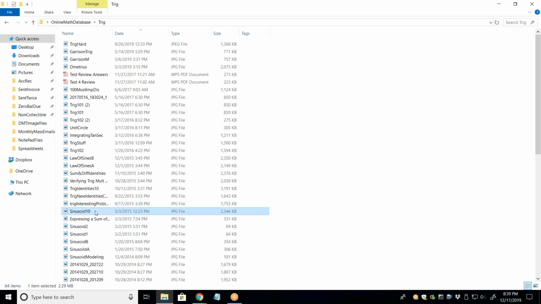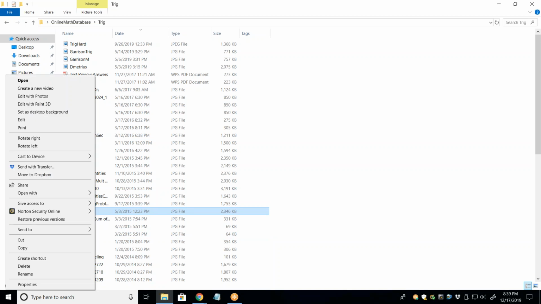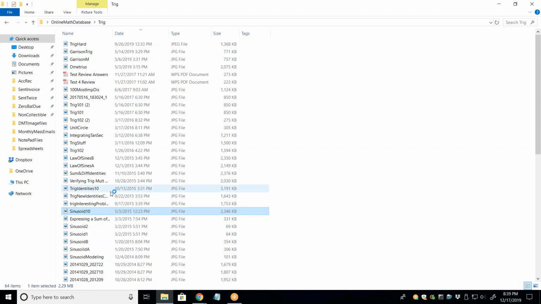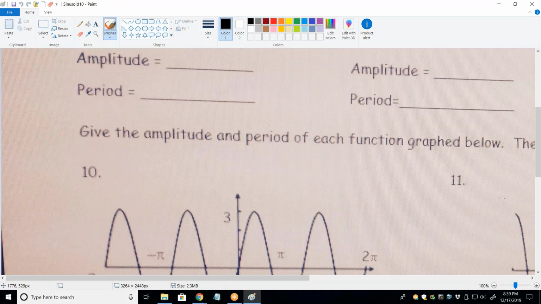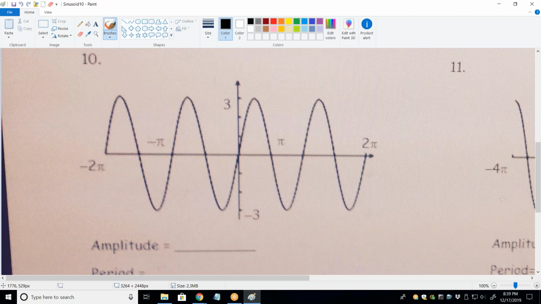Sinusoid, this one right here. Let's see what this looks like. Yeah, perfect. Number 10.